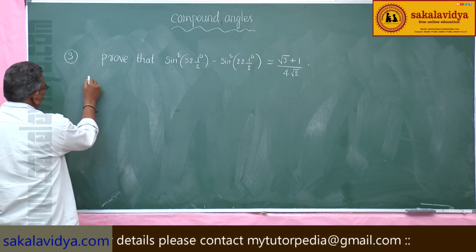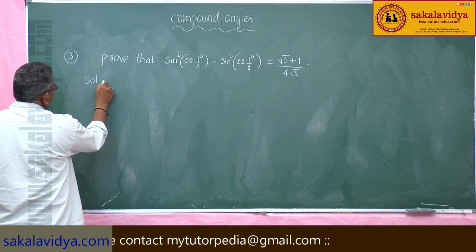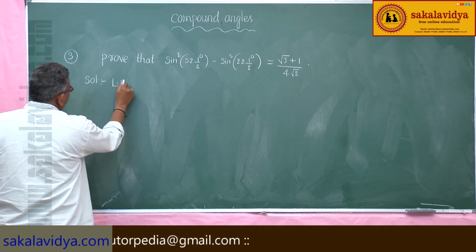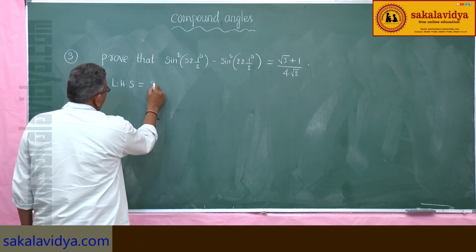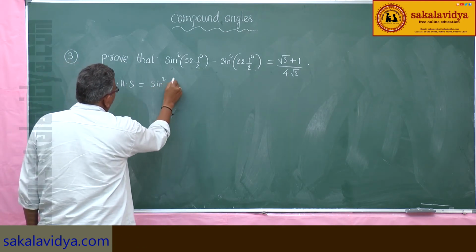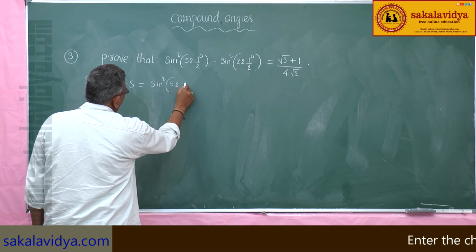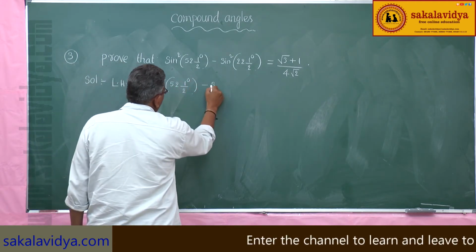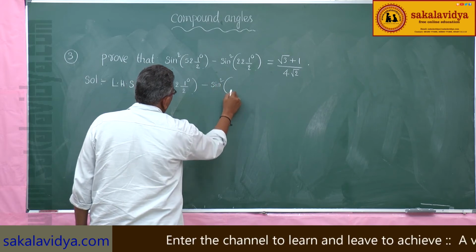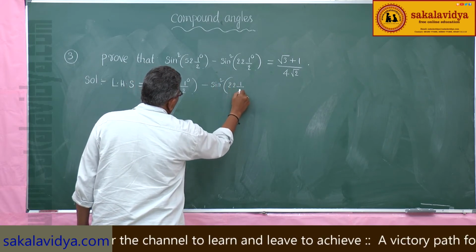Now, let us find the left hand side: sin square 52.5 degrees minus sin square 22.5 degrees.